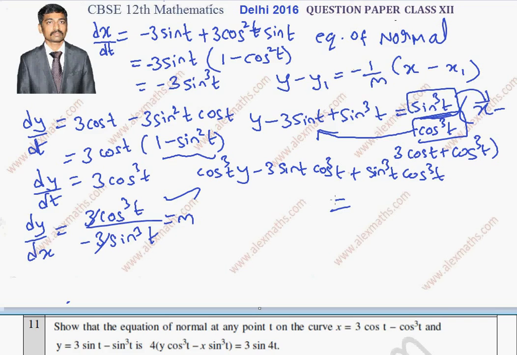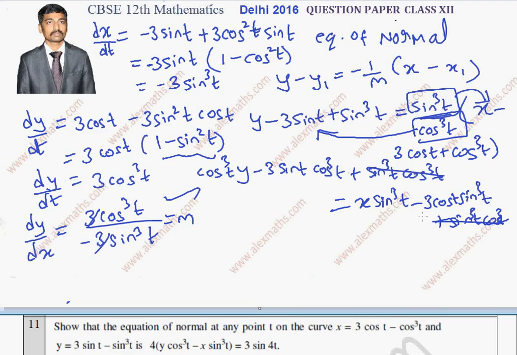So this is going to be x sin cube t minus 3 cos t into sin cube t plus sin cube t into cos cube t. So we can cancel sin cube t and cos cube t on both the sides.